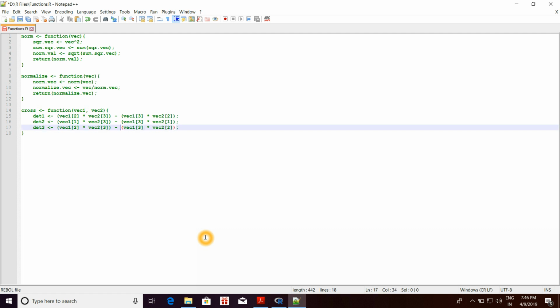For determinant 3 it will be vec 1 1, vec 2 2, and vec 1 2 and vec 2 1.